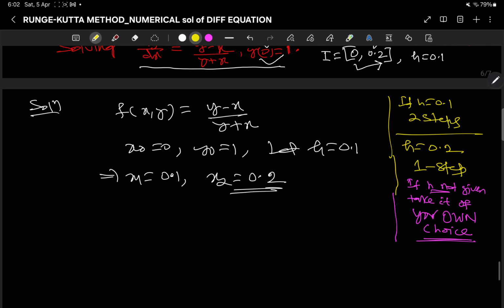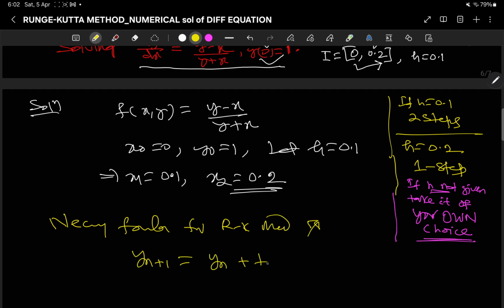So now coming to the necessary formula for the RK method: yn plus 1 is equal to yn plus 1 by 6 (k1 plus 2k2 plus 2k3 plus k4).